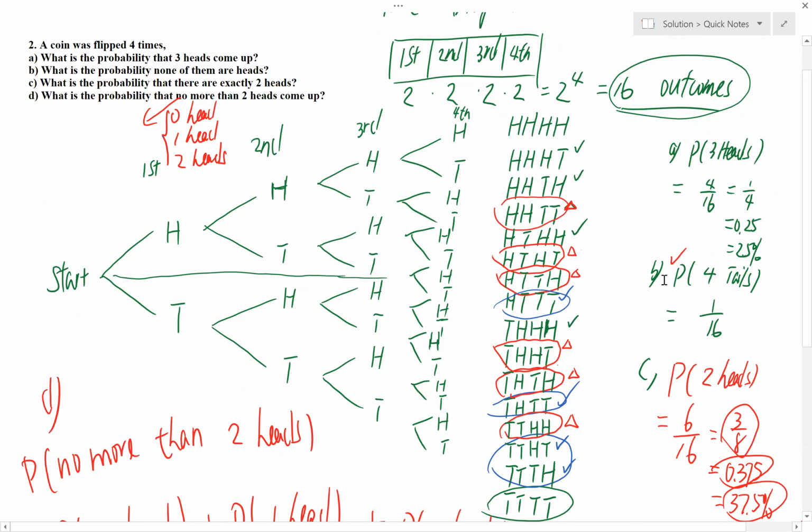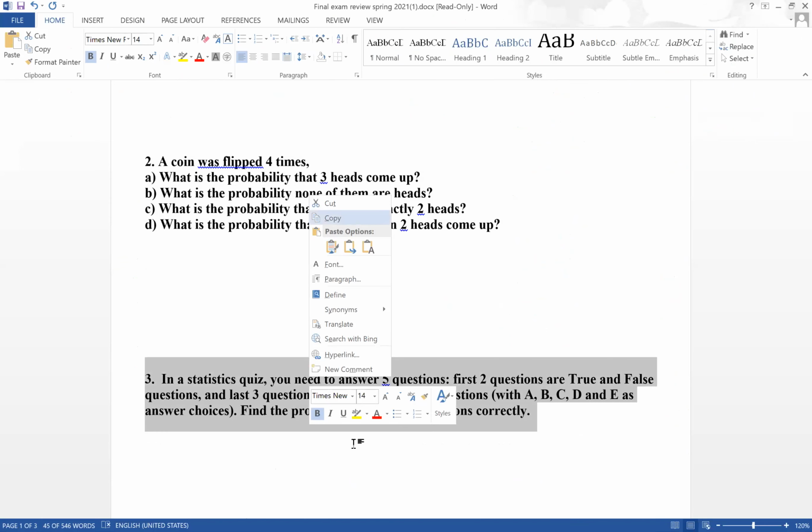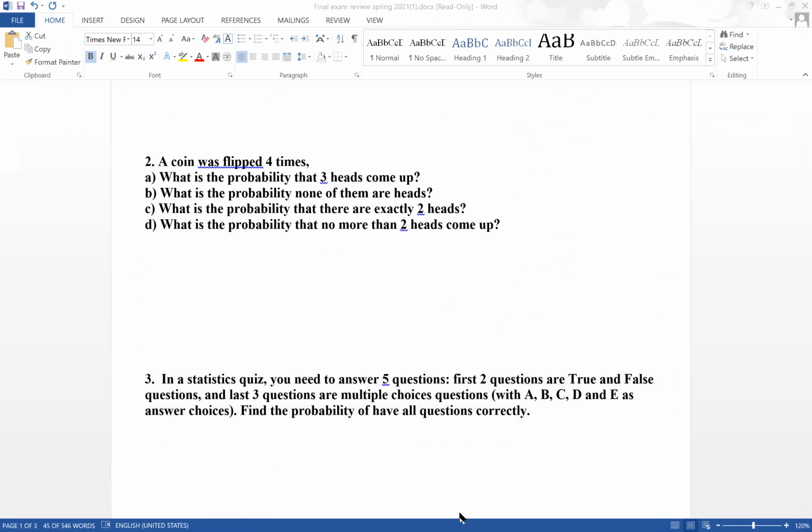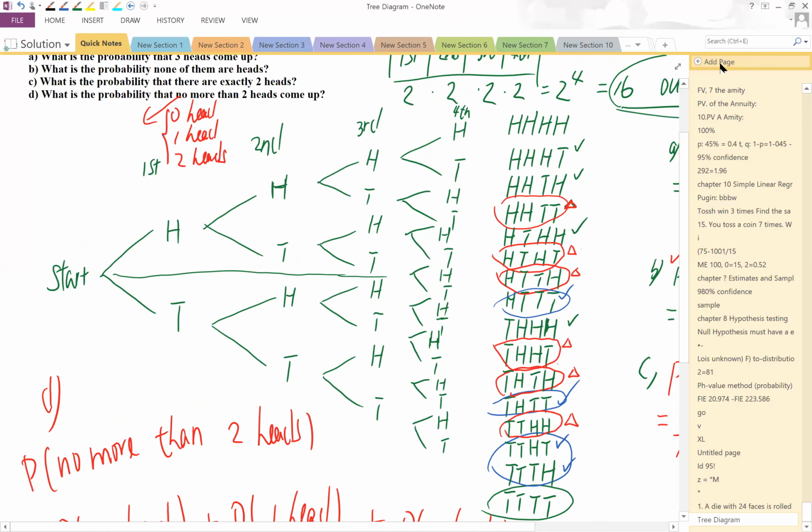Okay, very good. And now let's look at question 3. Let's say in a statistics quiz, you need to answer 5 questions. And we're assuming we're just randomly guessing, right? Again, we're assuming we're not studying and just randomly guessing these answers.